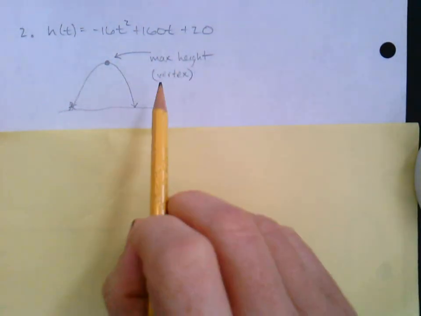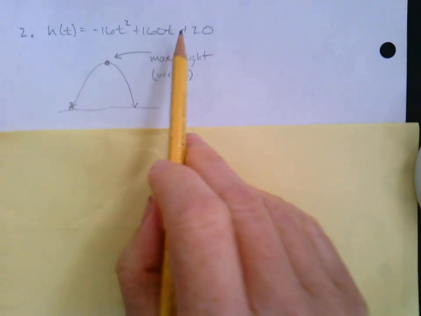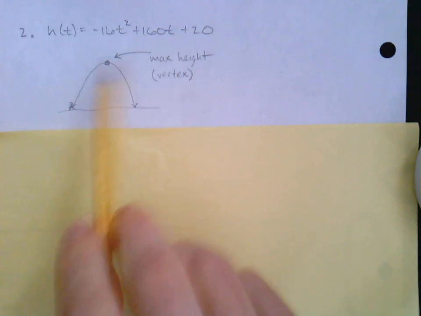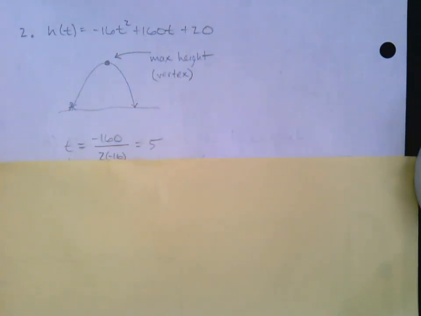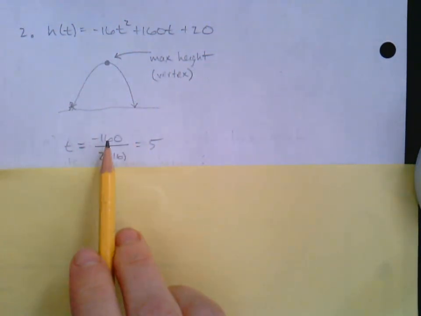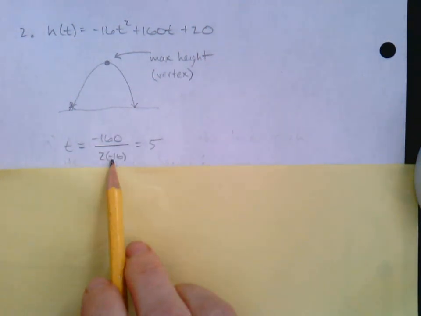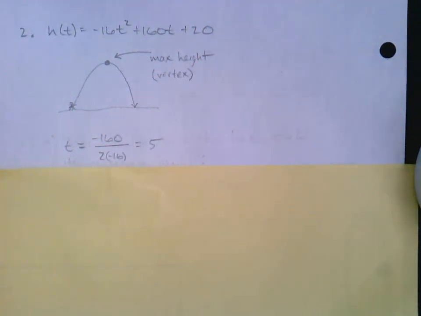Okay, let's go ahead and find the vertex for our equation there. If you remember, the x-coordinate, although here it's t, the t-coordinate is negative b over 2a. So I've got negative 160 over 2 times negative 16, which works out to be 5.